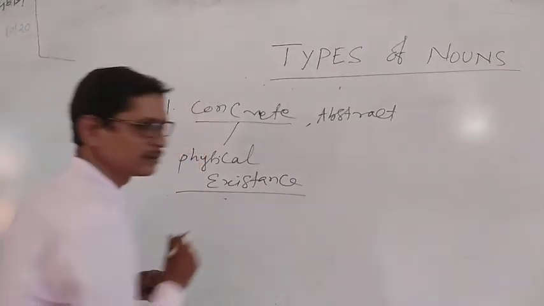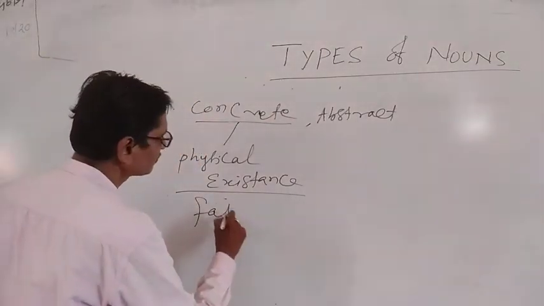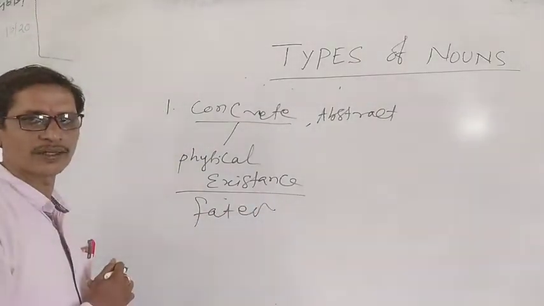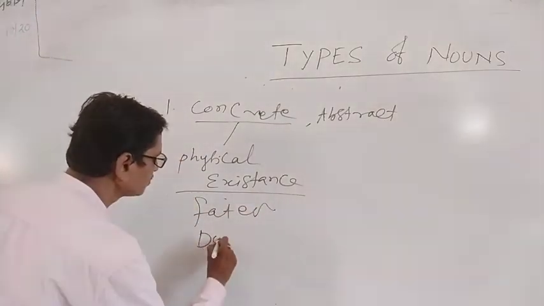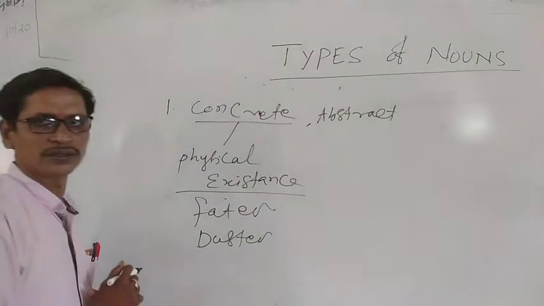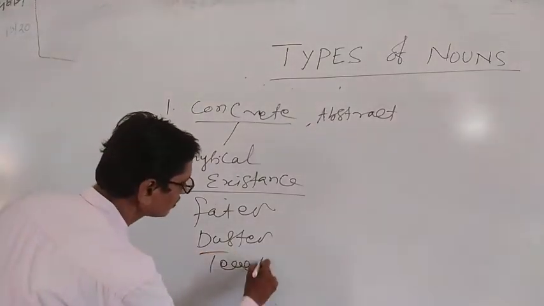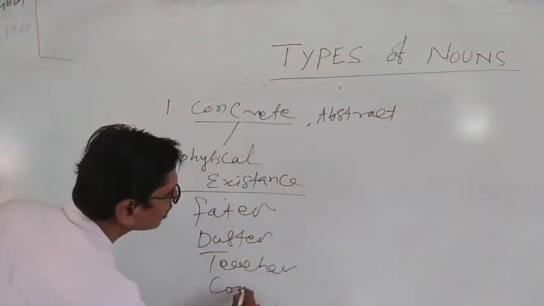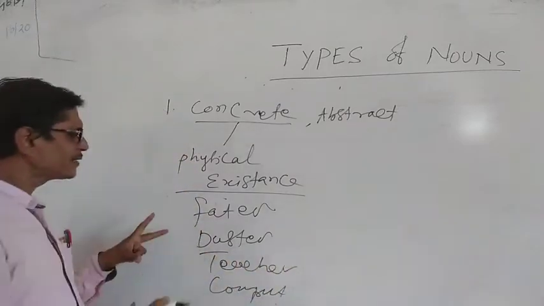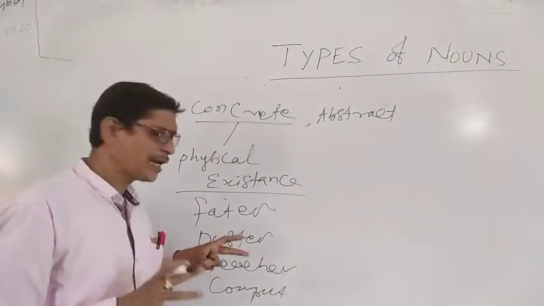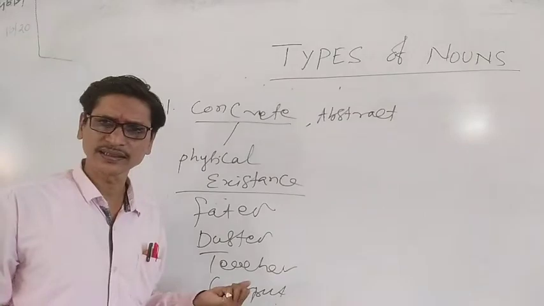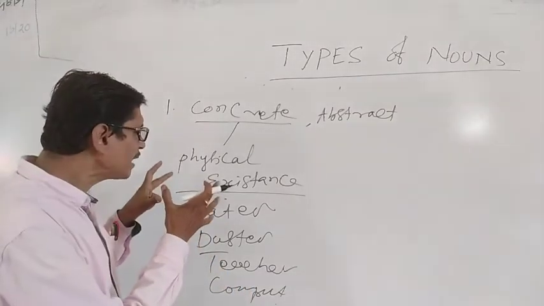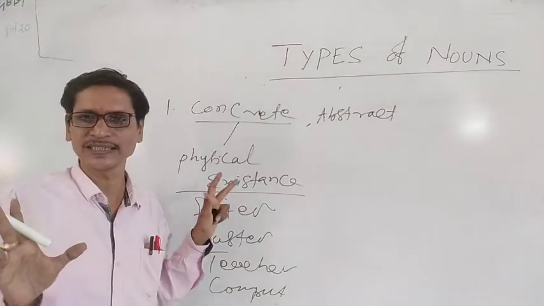For example, we say father, doctor, teacher, computer. These are the nouns of persons and things which have a physical existence, which can be touched, felt, seen.